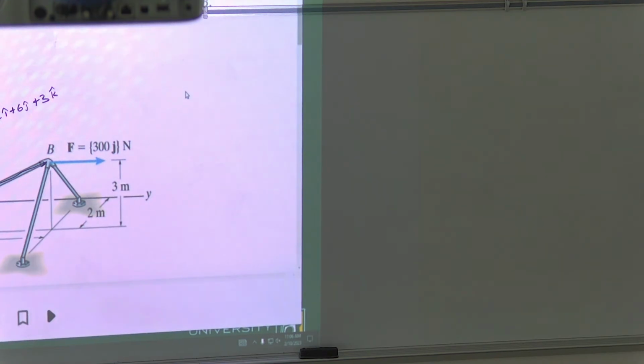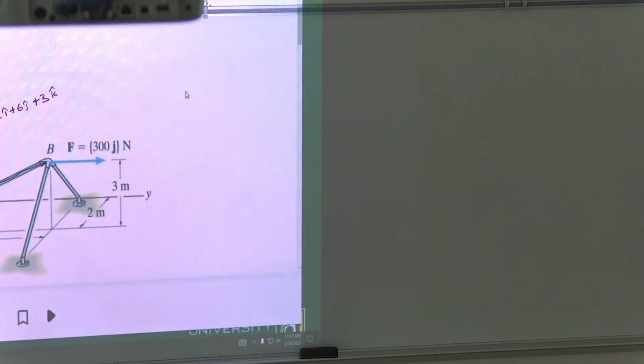Let's take a simple case where I have a vector F equal to 3i plus 4j. And I have a vector here, vector A, that I'm going to be ridiculous and say 1000i. And I want to know this vector in that direction.